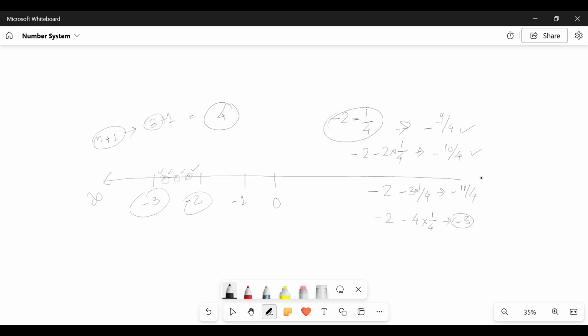So these are the three numbers that appear between -2 and -3. To put them in sequence, we would have -9 by 4 here, we would have -10 by 4 over here, and -11 by 4 over here, in the entire sequence between the negative integers -2 and -3.